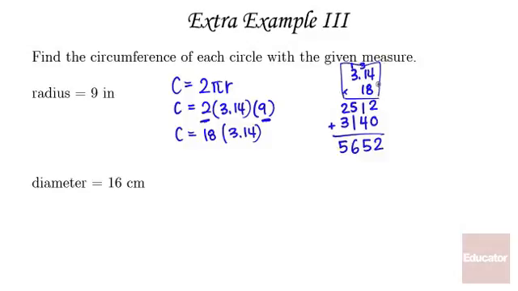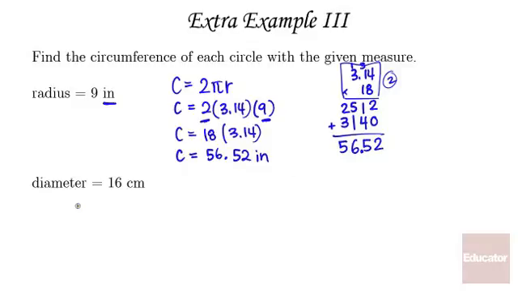Within my problem, how many numbers do I have behind decimal points? I have 2. So I place 2 numbers behind the decimal point in my answer. So my circumference becomes 56.52 inches. It's not inches squared. Only area is squared, units squared. So for circumference, you just leave it as 56.52 inches.